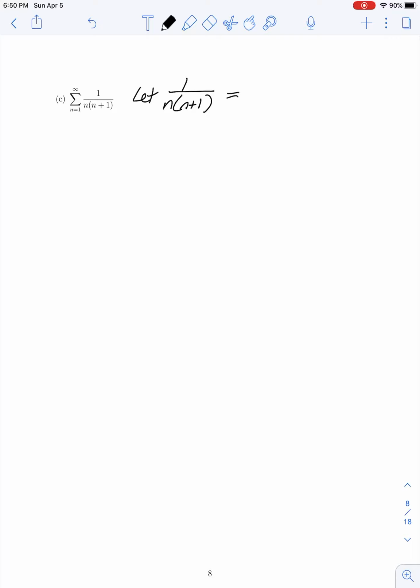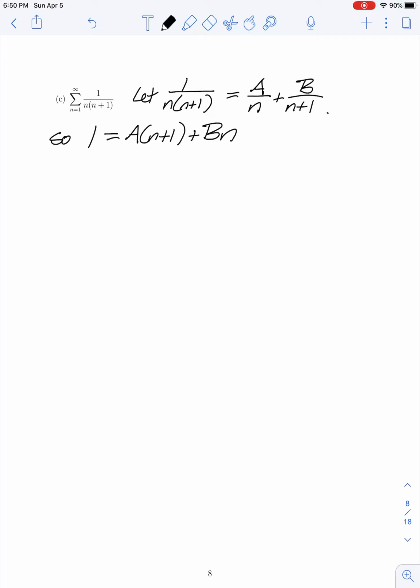So here, the form of the decomposition would be a over n plus b over (n+1). To solve for a and b, we could multiply through by our common denominator, and we have 1 is equal to a times (n+1) plus b times n.